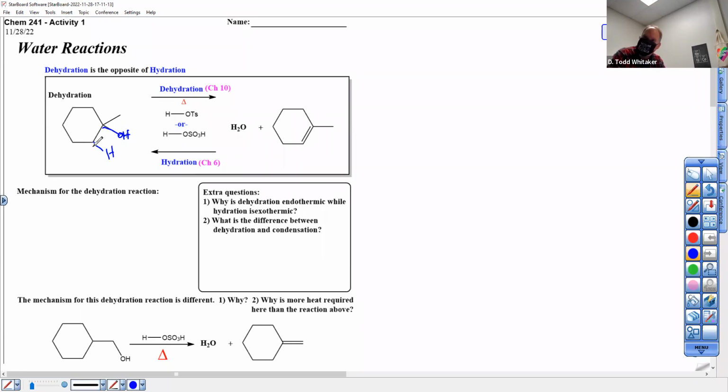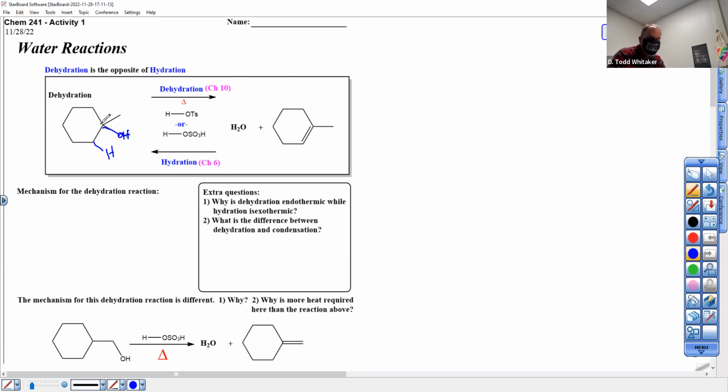I will accept a one-letter answer if you use the right language. Why is this an endothermic process? Was translated to why is this product less stable than the reactant?